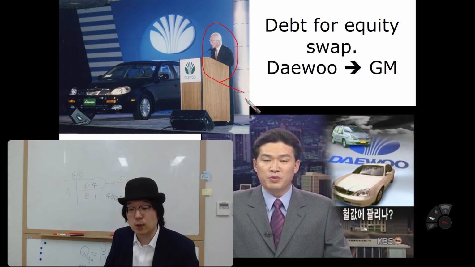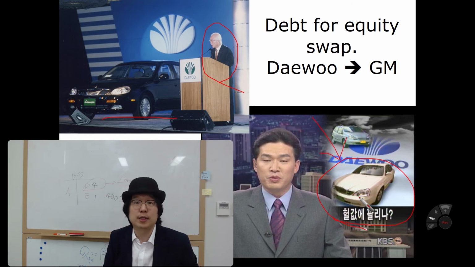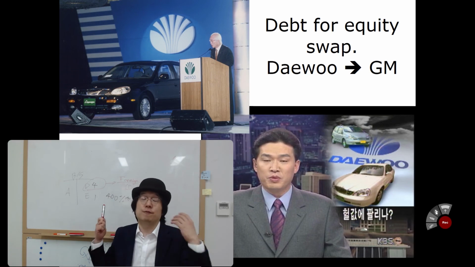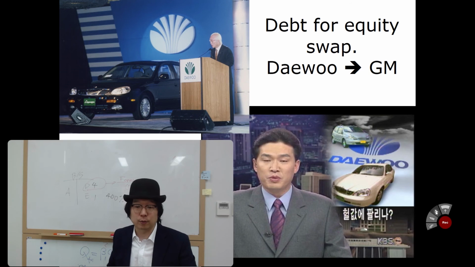And there was an issue like this: Daewoo Motors, the second largest car manufacturer in Korea, following Hyundai, is it going to be sold to somebody outside, to foreign companies? That was a primary issue because a lot of laborers and workers were employed by Daewoo Motors.